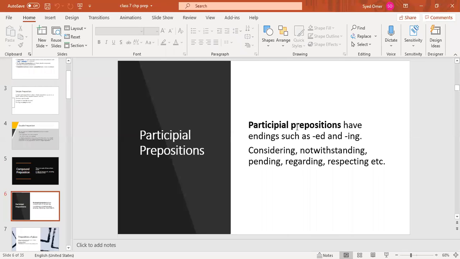Okay, these are some participial prepositions, because not all ing verbs can be used as a preposition. Only a few words: considering, notwithstanding, pending, regarding, respecting. These are a few.